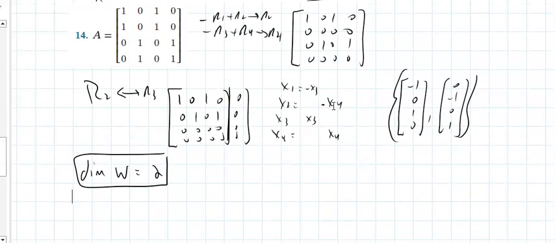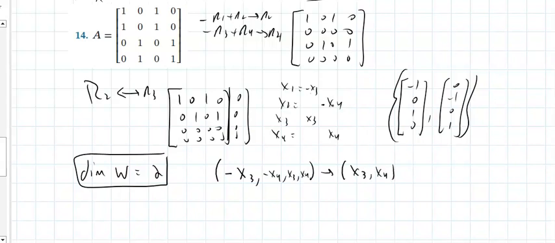We're going to say negative x3, negative x4, x3, x4 maps into x3, x4. There we go.